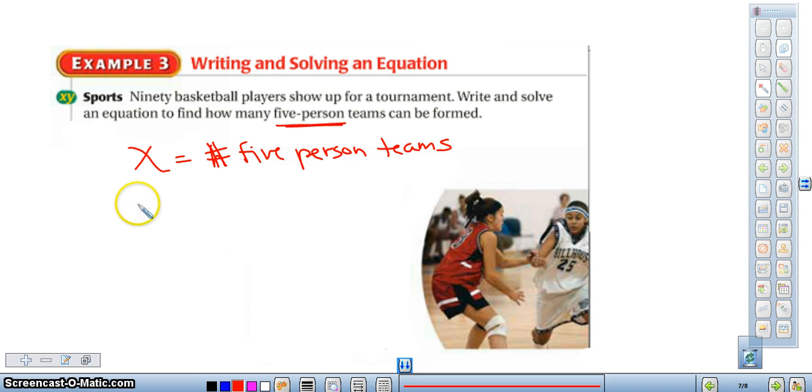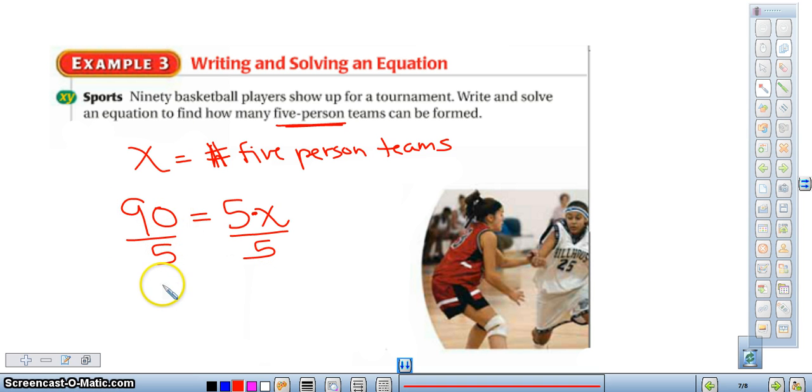I have 90 people that showed up and 5 people on the team. 5 times x, remember 5 written right next to the x means multiply, so dividing both sides by 5, x is going to be equal to 90 divided by 5, which is 18, which means we can have 18 teams.